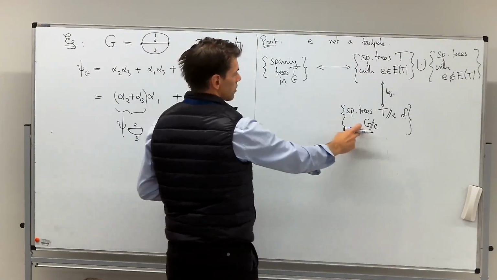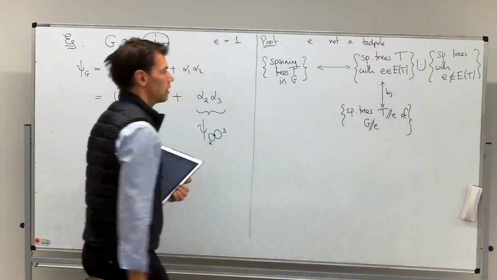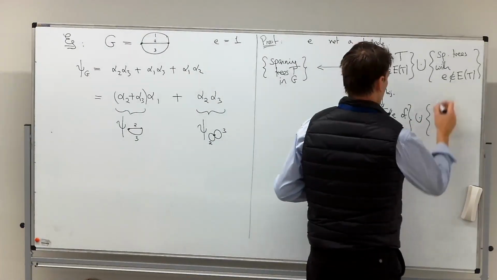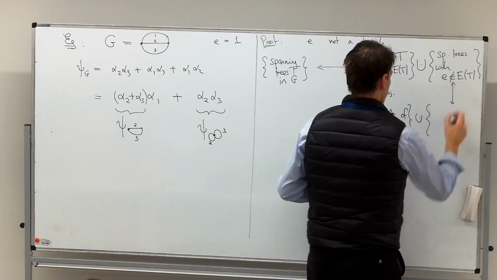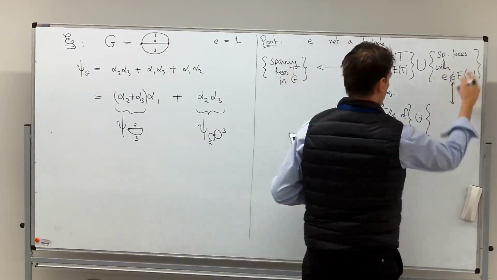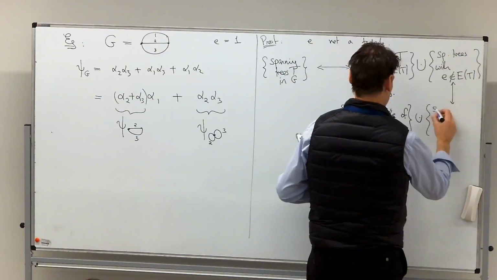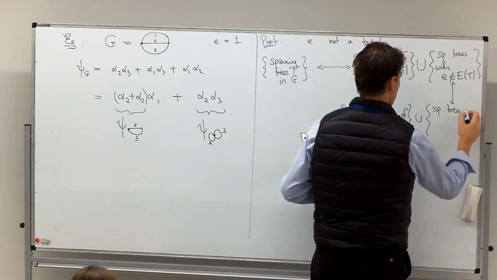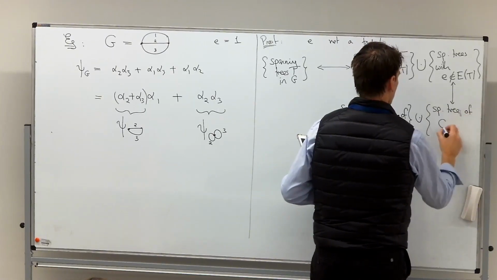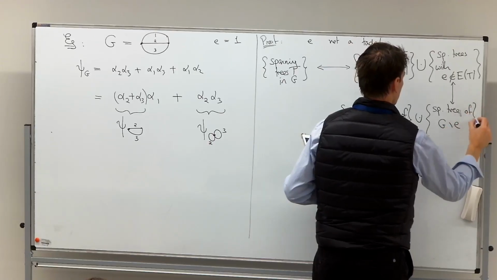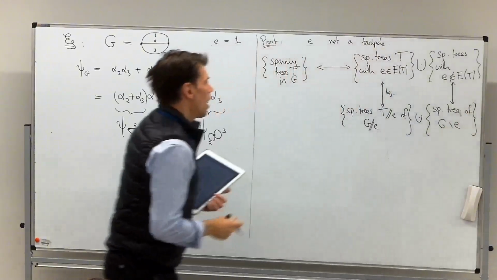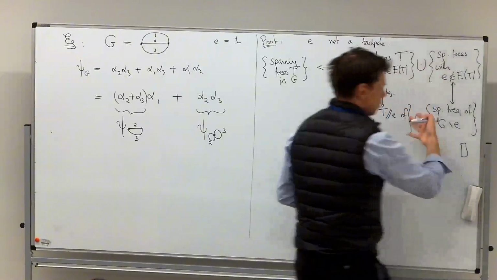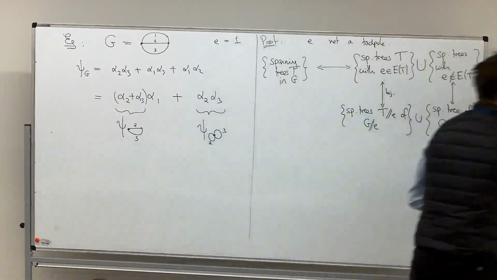And conversely, given a spanning tree, you can just put back the edge e. And here you get spanning trees which do not contain e. It's the same thing as spanning trees of G minus the edge e. So that's the idea, and then if you work with the definitions, you essentially get this formula.